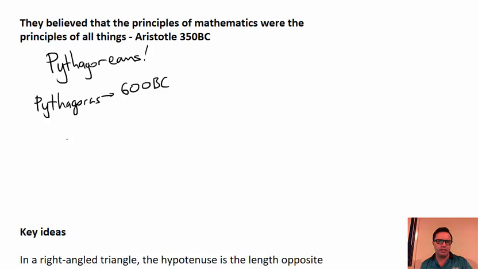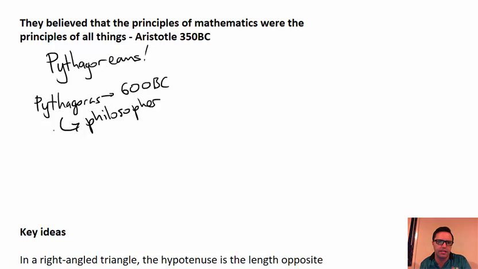Some interesting things about this guy was that he was the first to call himself a philosopher, which is a Greek word, philo being love, sophos being wisdom, so a lover of wisdom. So he's just right into knowing things and thinking about things.